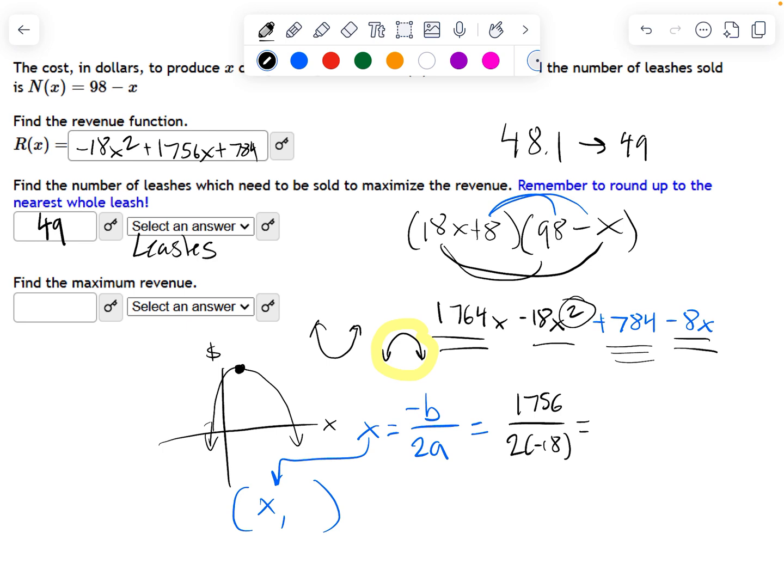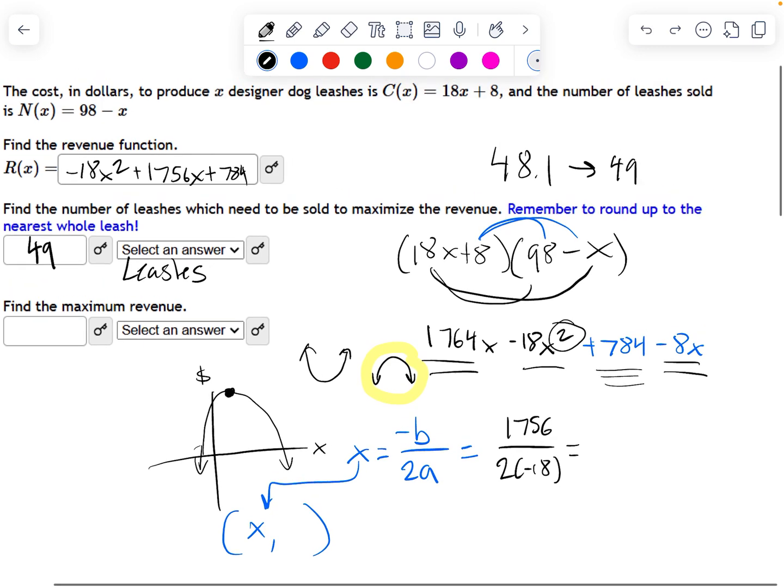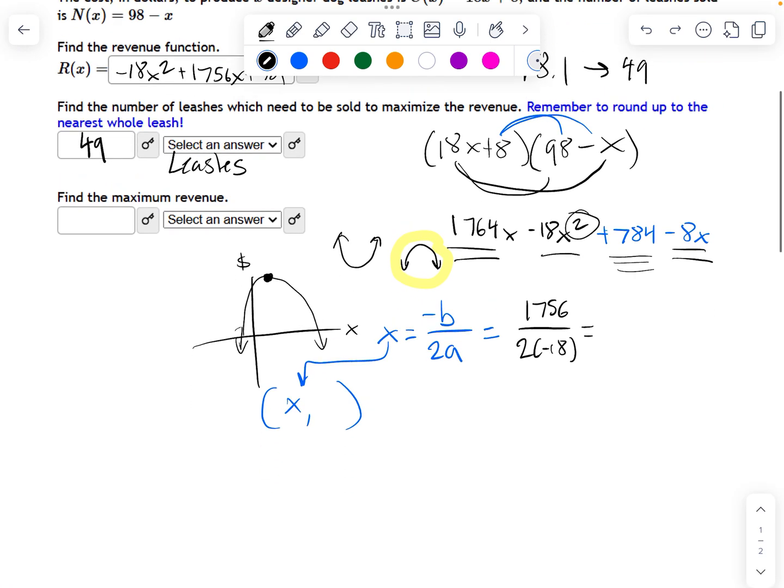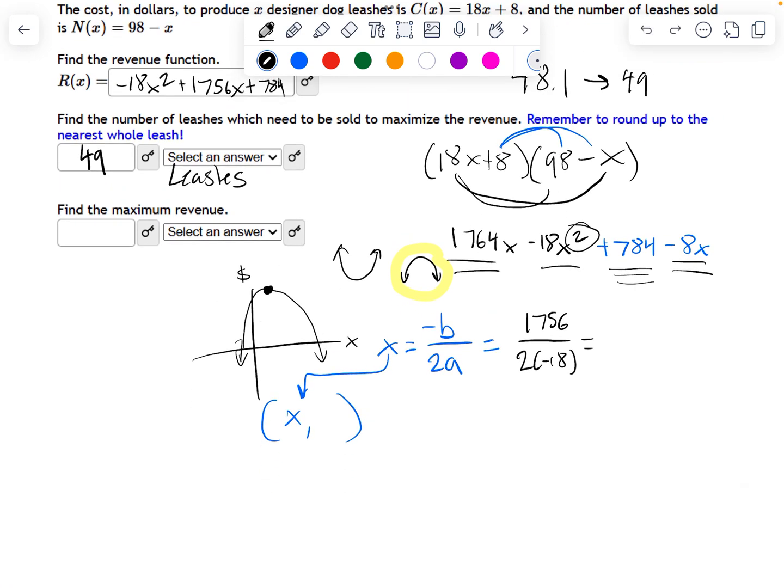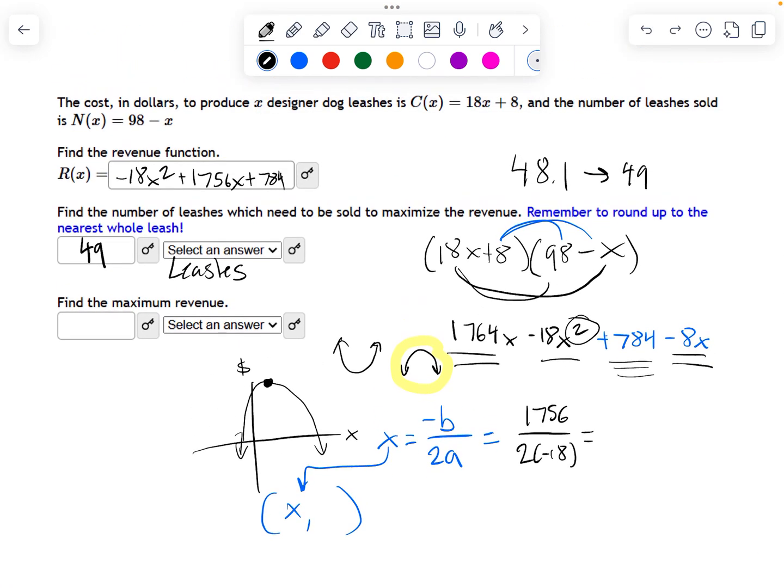Okay, now we want to know what the maximum revenue is. In other words, we want to know the dollar signs. If we sell these 49 leashes, how much money are we going to make? Kind of an idea. All right, so to do that, we need to find the y value of our graph. And remember, this is a function, meaning R of x, that is your y value.